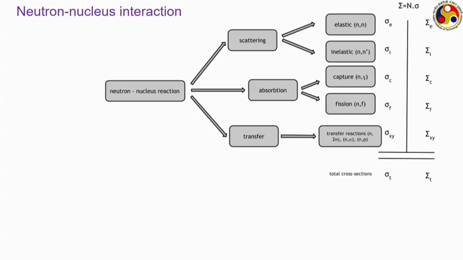The second kind of interaction is absorption, which was of our interest in the second module. In this case, the neutron goes inside the nucleus, and then either it may remain inside the nucleus because of a radiative capture, sometimes also called non-fission capture, and it produces just another isotope of the same parent nucleus.